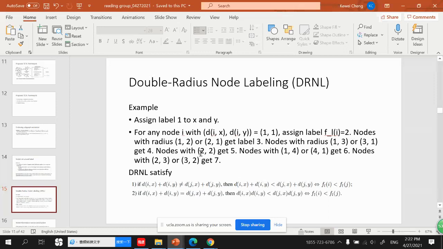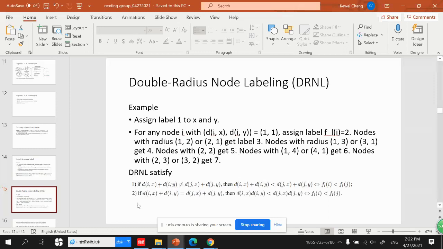And then we will assign the higher label to the nodes whose product of radii is bigger. So basically this node label mechanism is trying to satisfy the following property.